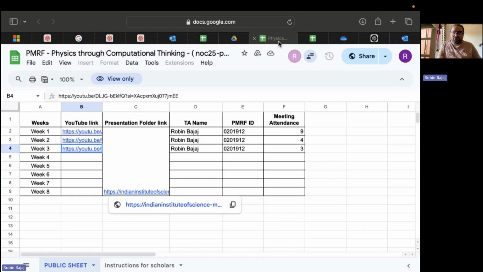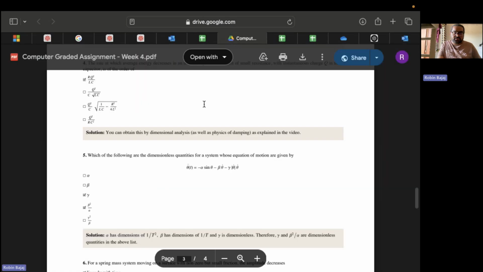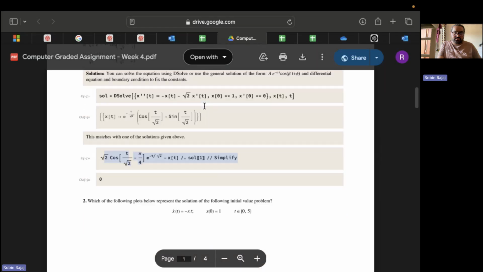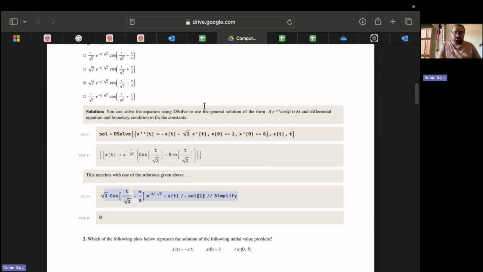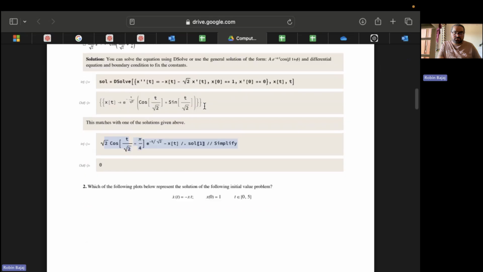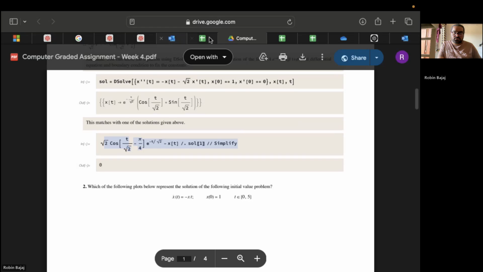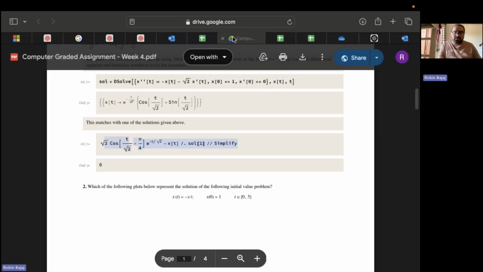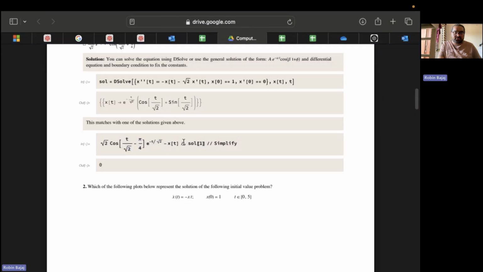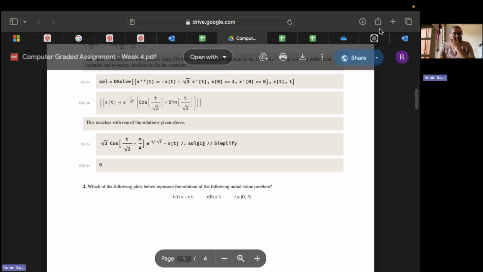Now there is a way where you can actually solve this, if you want to solve it as a solution. Yeah, so one can actually check using Mathematica only. If this is the thing, first option, and here this minus dot sol 1, simplify.